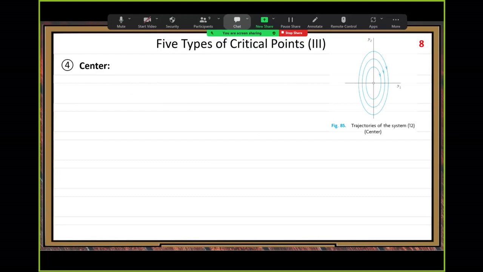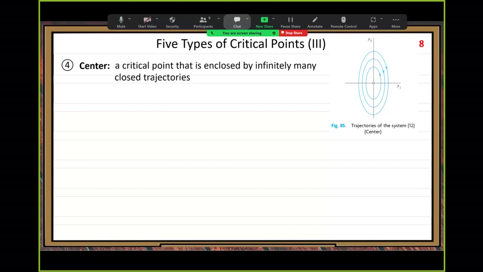Number 4, center case. In the center case, there is a center, so all trajectories go around the center. There are no incoming or outgoing trajectories. It is a critical point enclosed by infinitely many closed trajectories.